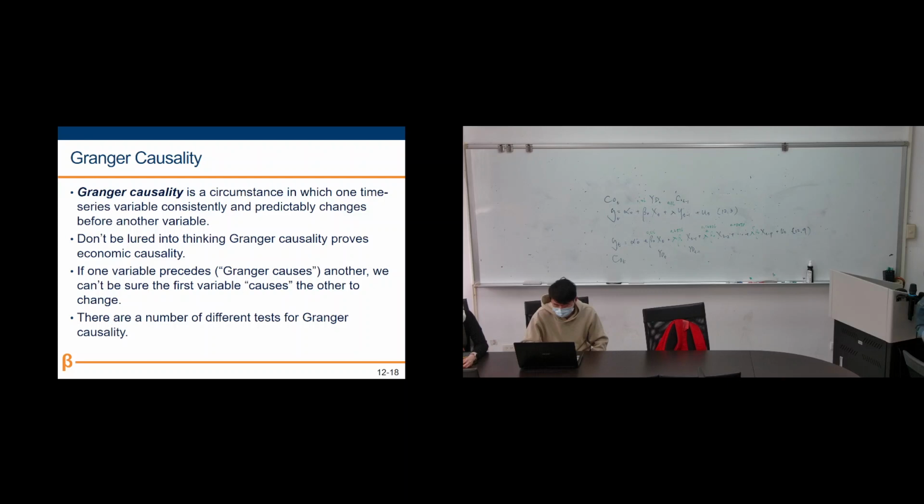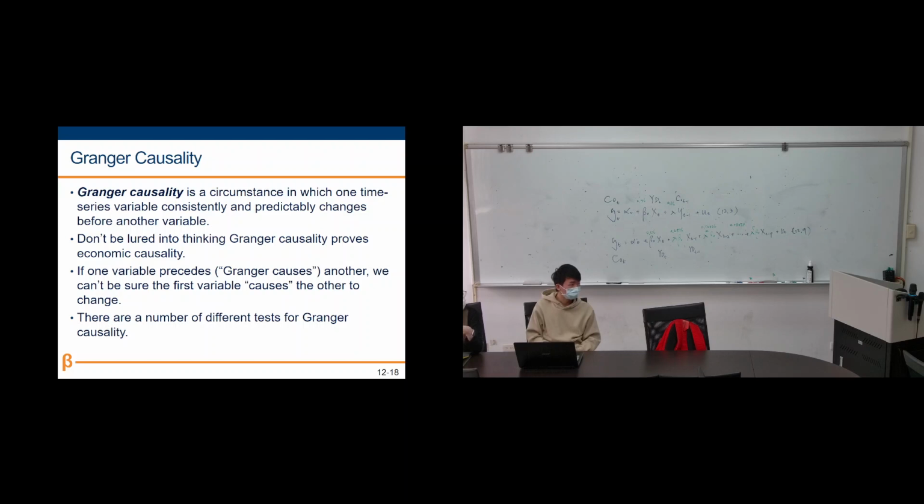Granger causality is a circumstance in which one time series variable consistently and predictably changes before another variable. Okay? It means that if I can prove one variable consistently happens before the other variable, then I can say this one Granger causes the y variable, the other variable.